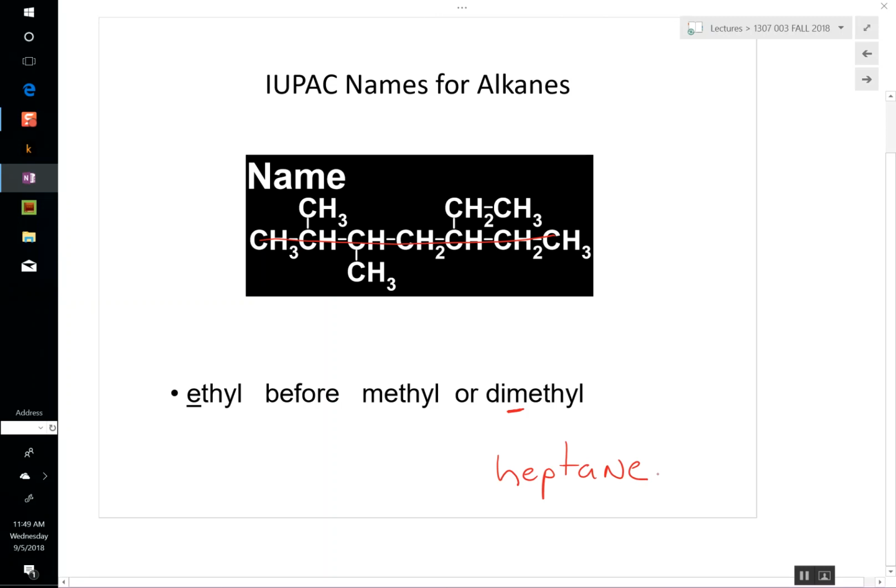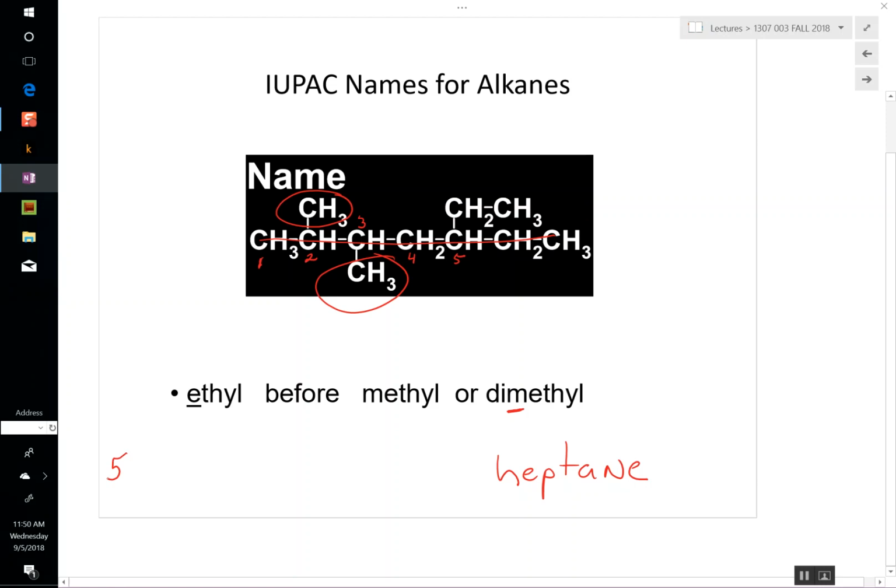Heptane. And we have a methyl and a methyl. Where's carbon number 1? We're on the left. Doesn't mean you can't ever start on the left. If that's the end where the first substituent is, start there. So that's carbon number 1, number 2, number 3, number 4, and number 5.